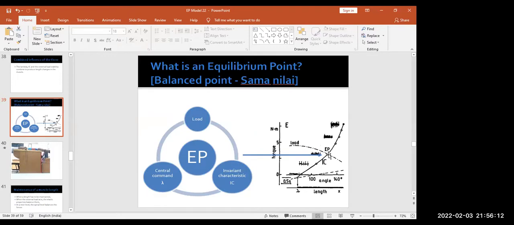This particular point is called the equilibrium point. It's the point where all three come into a unified whole, and the muscle is said to have reached an equilibrium point. Do you understand this?